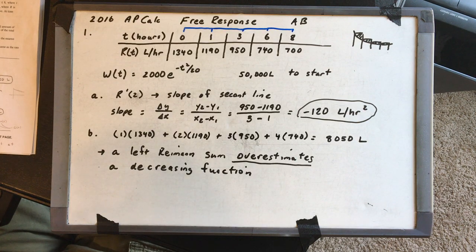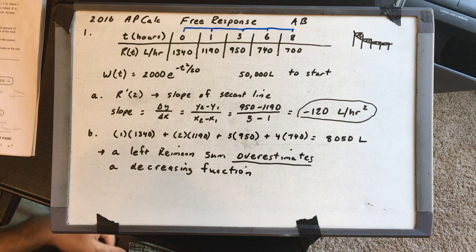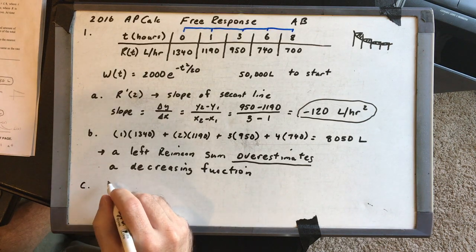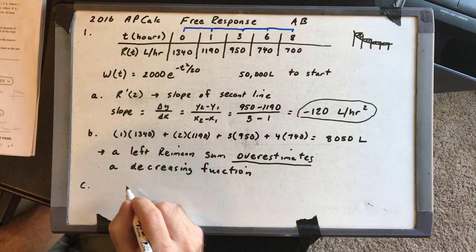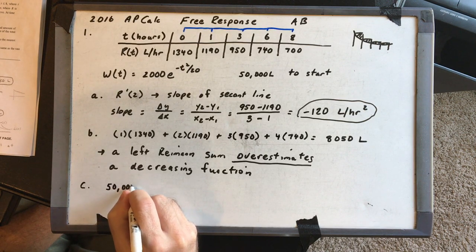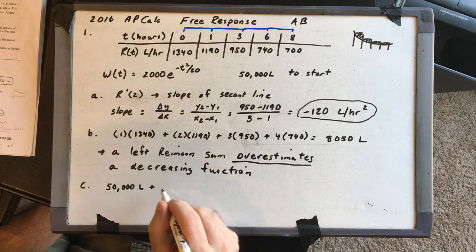All right, part C says use your answer from part B to find the estimate of the total amount of water in the tank to the nearest liter at the end of 8 hours. Okay, I think I can fit that down here. So we start with 50,000. Then how much got pumped in?